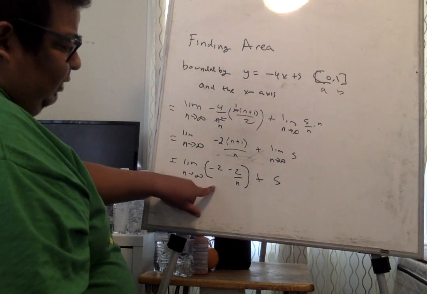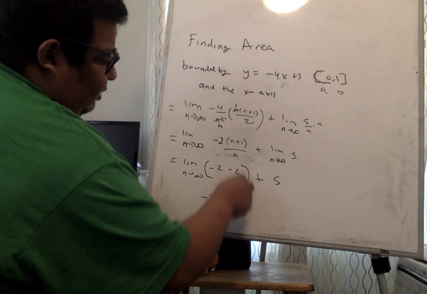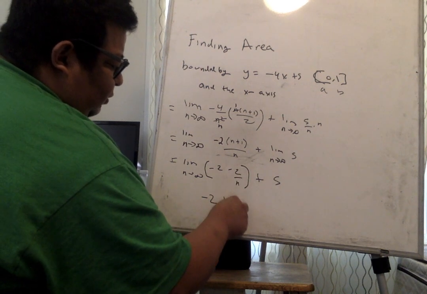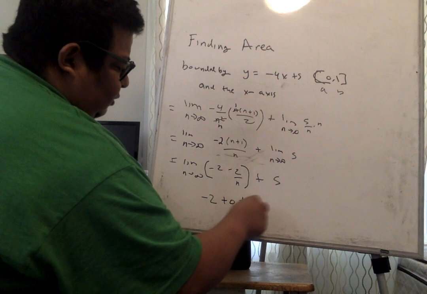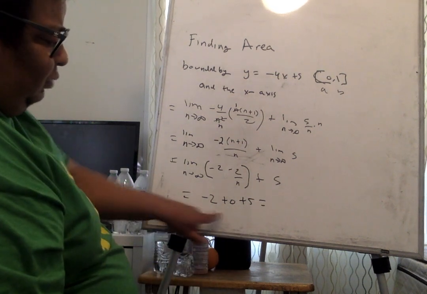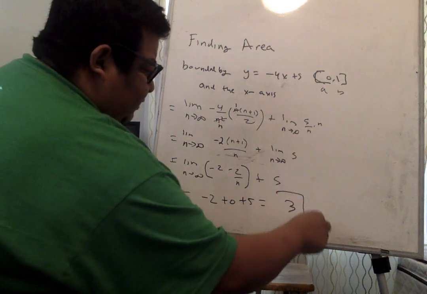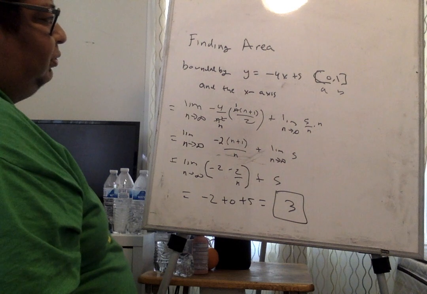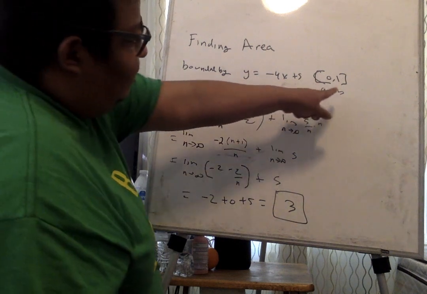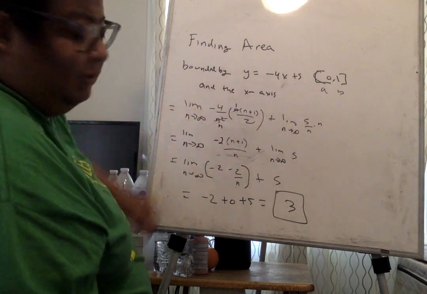Now we take the limit: we get negative 2, then this limit becomes 0, so it becomes plus 0 plus 5. The sum becomes negative 2 plus 5, which is equal to 3, and that's the final answer. So the area is equal to 3 within this interval, bounded by negative 4x plus 5 and the x-axis.